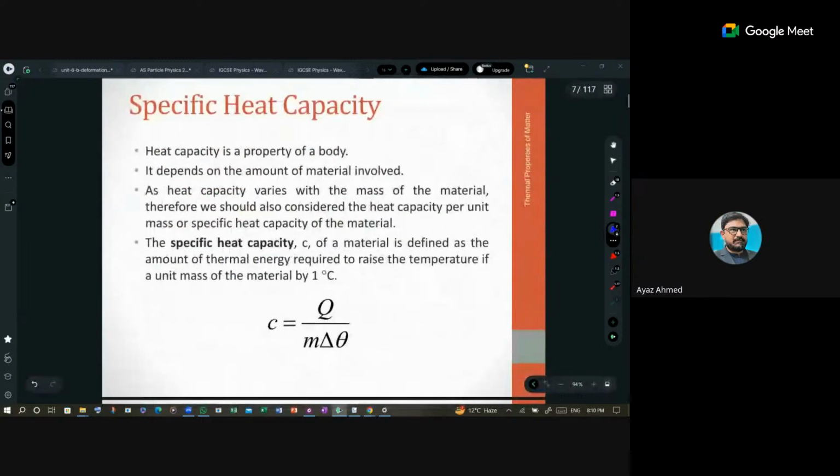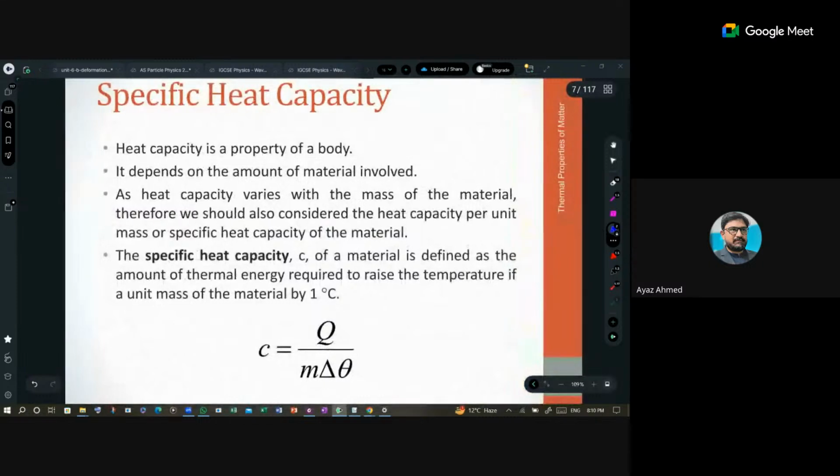Now check this one. Specific heat capacity is basically the amount of heat required. You have to remember this. The specific heat capacity is the small c of the material, defined as the amount of thermal energy required to raise the temperature of a unit mass, 1 kg, by 1 degree centigrade.